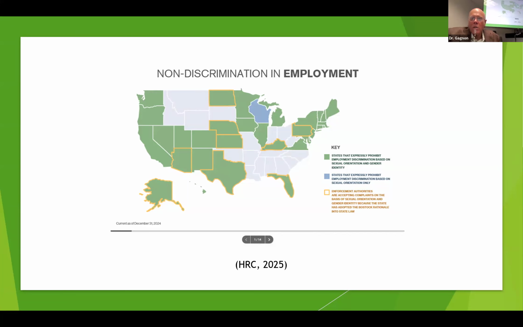Enforcement authorities are accepting complaints on the basis of sexual orientation and gender identity because the state has adopted the Bostock rationale into state law. So across one nation, we see many different areas or regions that are not all doing the same thing. It can make it confusing. In some places it's legal to discriminate. In other places, it isn't.